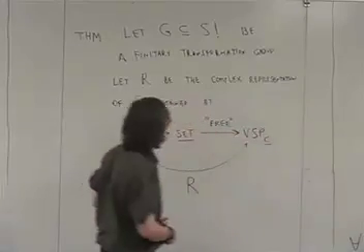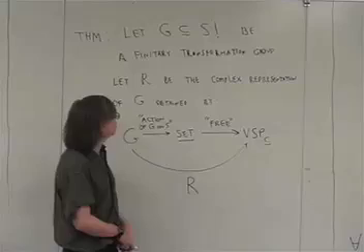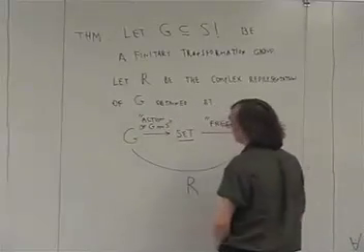And so it's what I described over there. It's just this process of turning the transformation group into a complex representation.